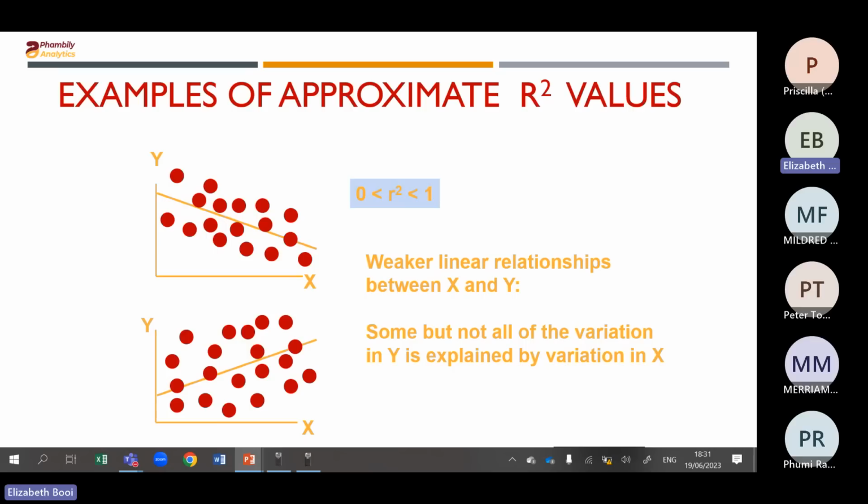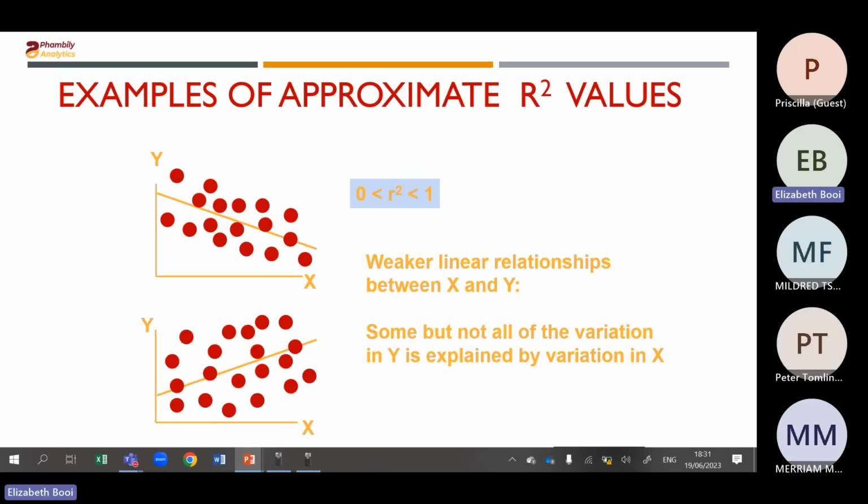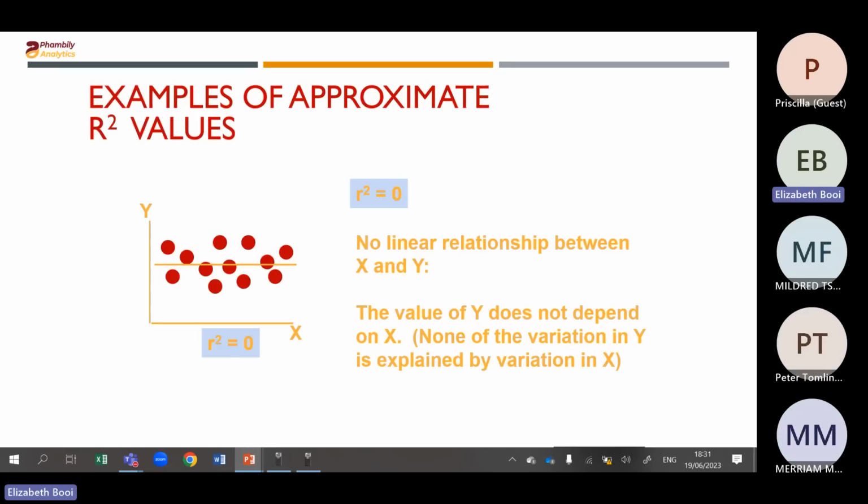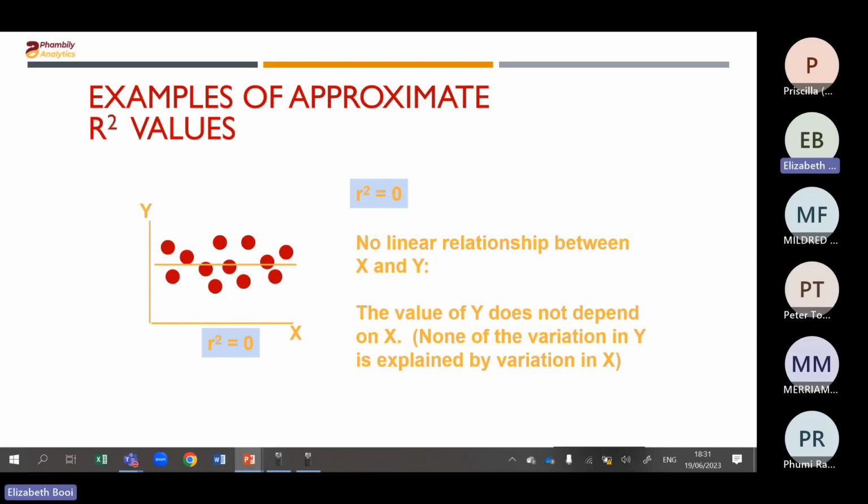We can also say some but not all variation in Y is explained by the variation in X. And if your R squared is equal to 0, we say the value of Y does not depend on X, so none of the variation in Y is explained by the variation in X.